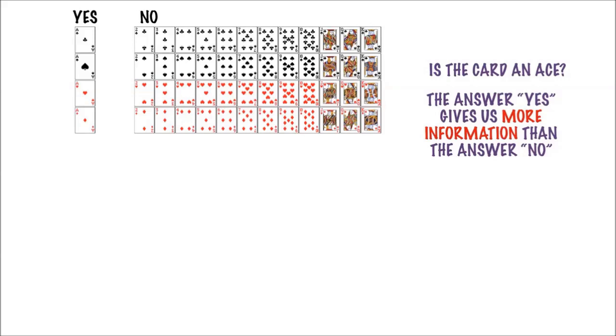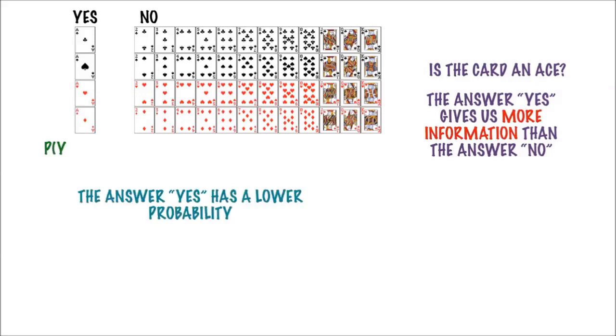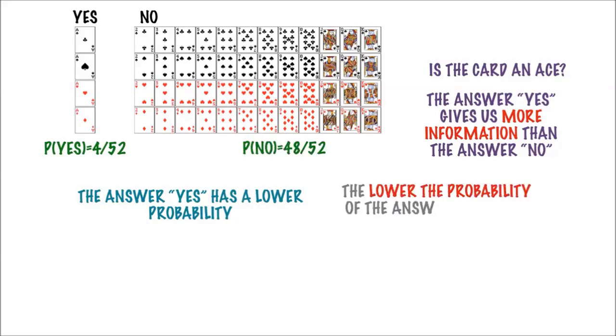Now, the answer yes has one quality. It has a lower probability of occurrence. So the lower the probability of something occurring, the more information you get when that is the answer. The probability of yes is 4 over 52. The probability of the answer no is 48 over 52.